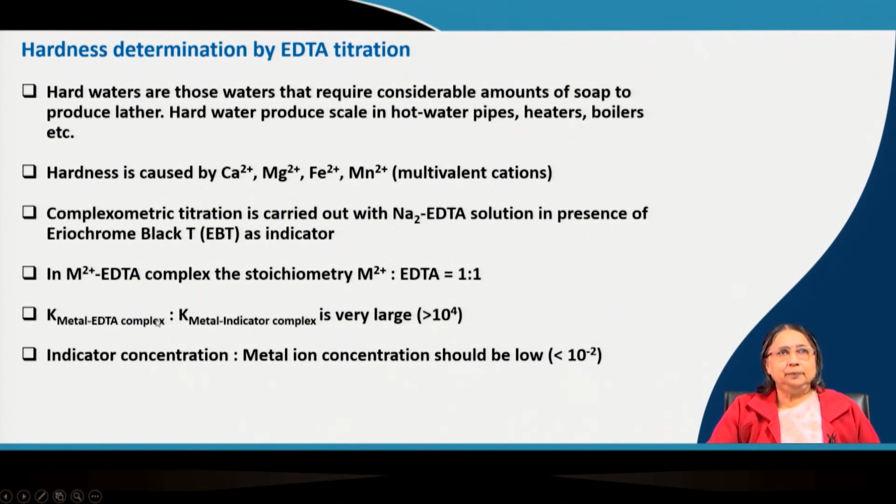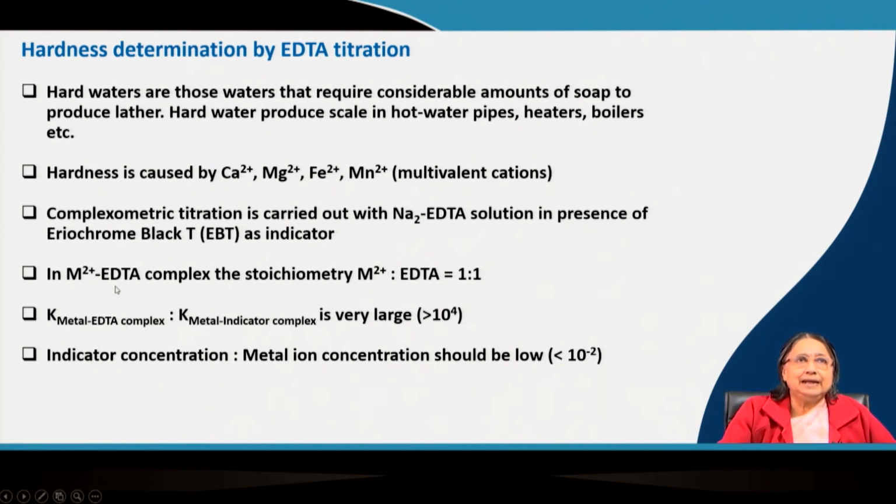Okay. And if you compare the K value, that is the equilibrium constant, or in the case of complexes you can call it the stability constant or formation constant, you will see that K of the metal EDTA complex compared to K of the metal indicator complex is very large. It is more than 10 to the power 4, that means it is very stable.